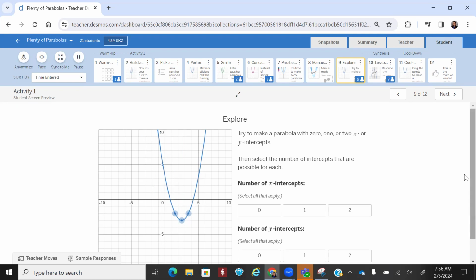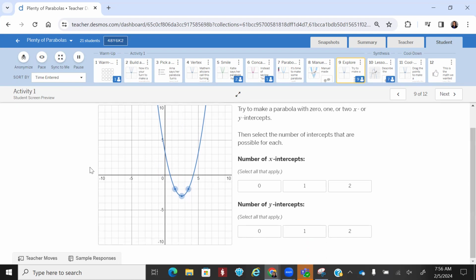Okay, now here's a tricky one. Y-intercept. Will it ever touch the y-axis? It'll eventually touch it, right? No matter where I move this, it's eventually going to touch the y-axis. So I can't have 0.